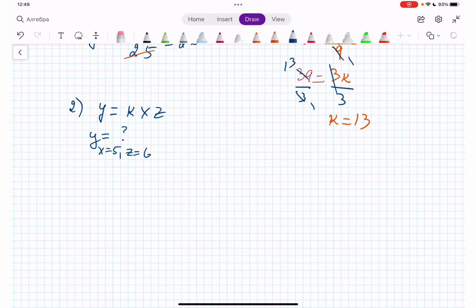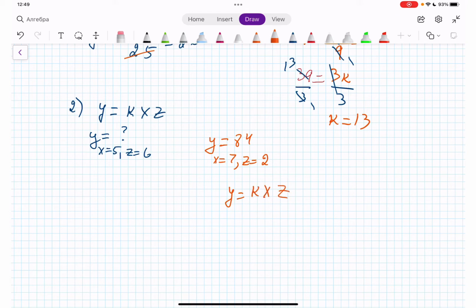But what we are given is that y is equal to 84 when x is equal to 7 and z is equal to 2. I will write it this way so you know which set of given data belongs to which y. Again, y is equal to kxz.